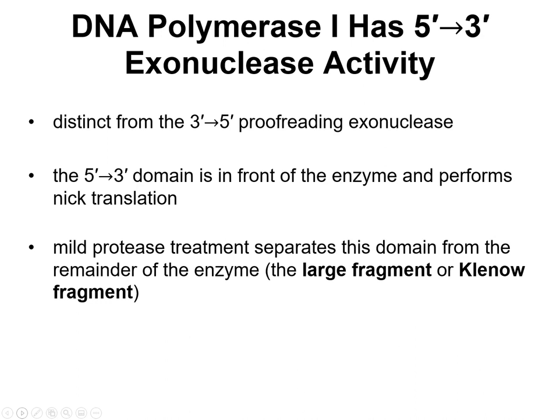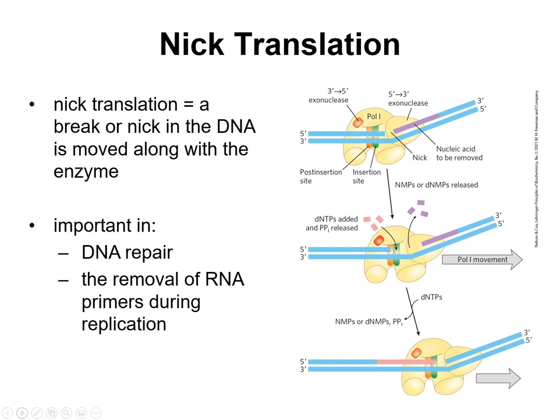Mild protease treatment, which means you gently introduce some cuts into your polypeptide, can separate this domain from the remainder of the enzyme. So you can actually have two functional domains from treating DNA pol 1.